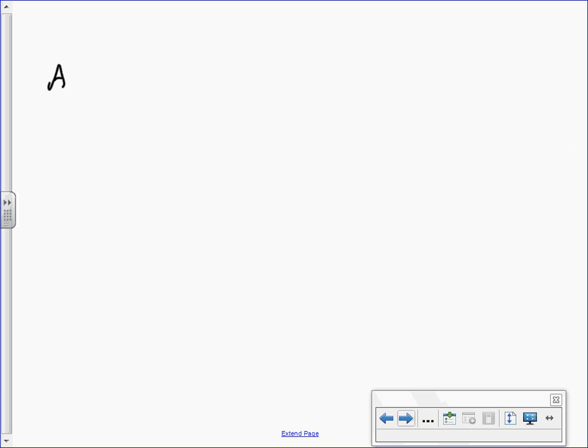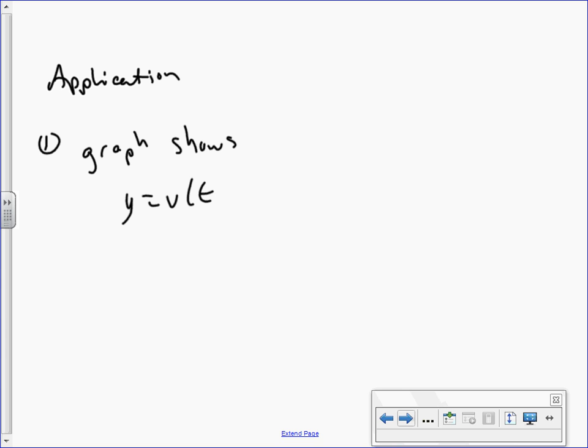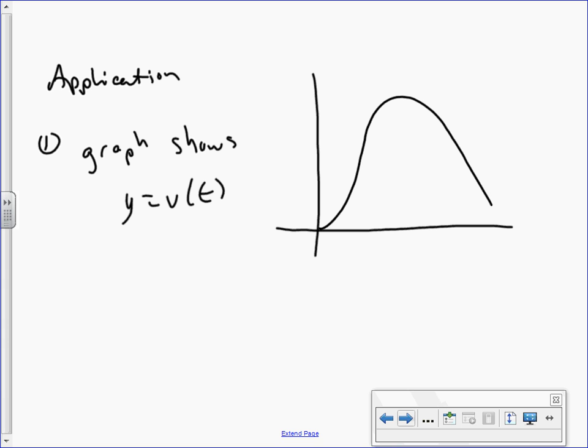Another kind of application. I'm going to draw a graph that shows the velocity. Okay, so here's a graph that represents the velocity of a function.